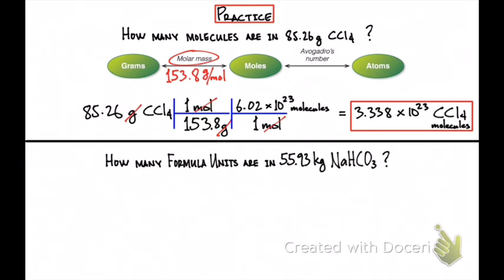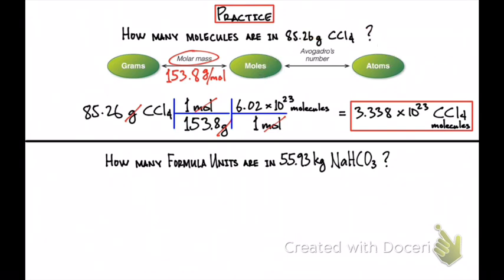All right, and here's the second question. How many formula units are there in 55.93 kilograms of sodium bicarbonate with the chemical formula NaHCO3? Again, this is an ionic compound because we have sodium, which is a metal, and a bunch of nonmetals. So we're basically going to use the same approach: convert from mass to number of moles, and then from number of moles to number of formula units.